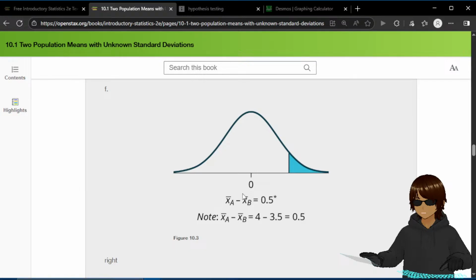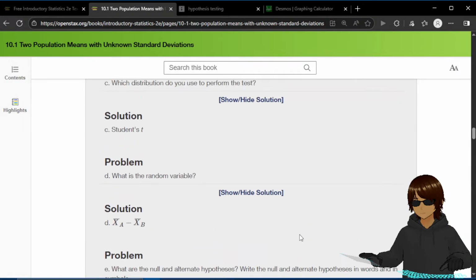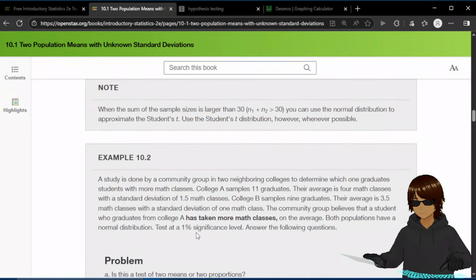Talking about the t distribution, so x A minus x B is 0.5. 1% significance level.